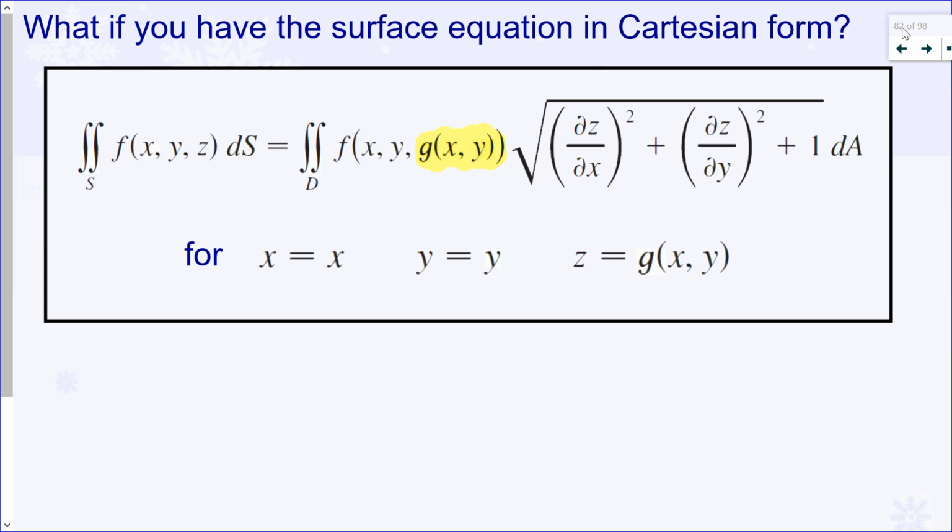And then instead of having to do the whole cross product situation, and the magnitude of the cross product, this square root of partial z with respect to x squared plus partial z with respect to y squared plus 1 takes care of that for you. And so if it makes sense to keep it in Cartesian form, this is the formula for that. So we're going to try this out.